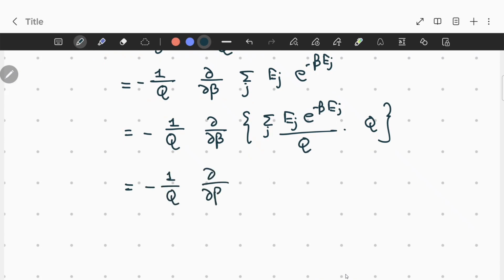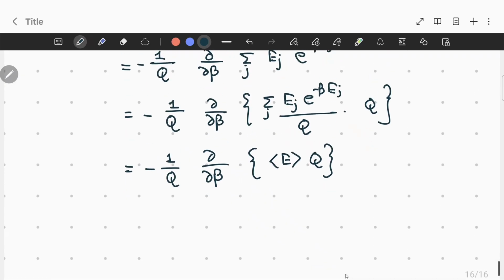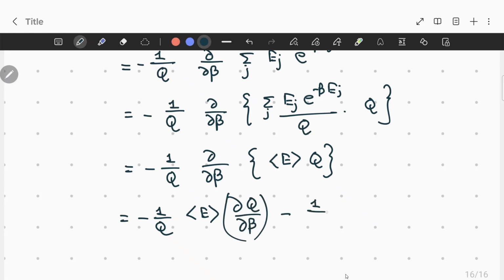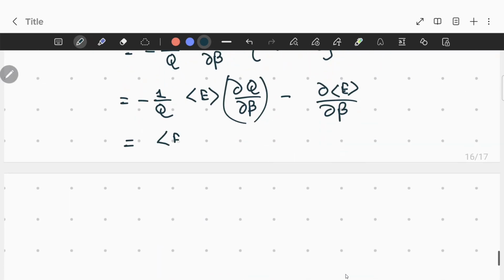And this is E average times Q. Correct. And this you can write.